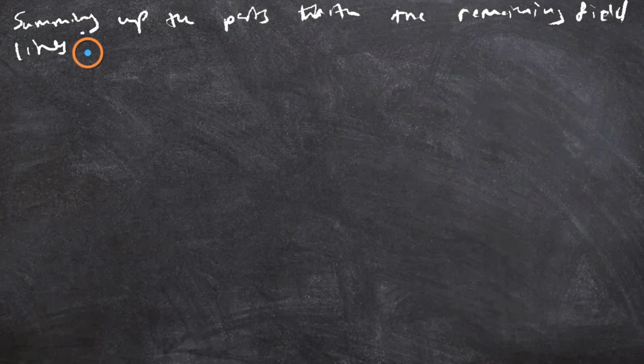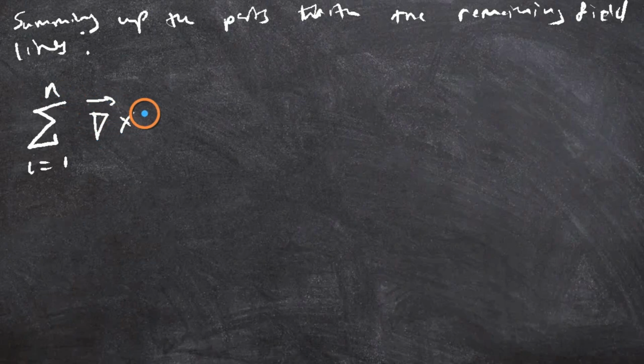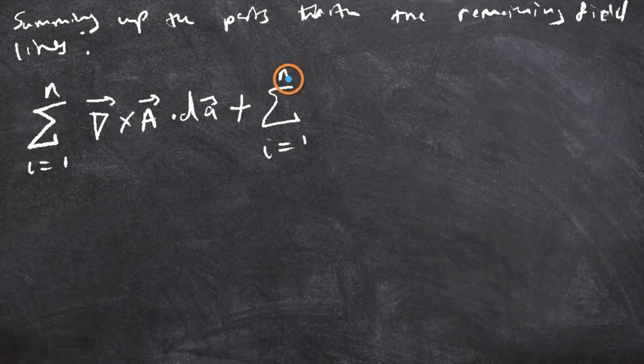All right, so the equation is the summation over the ith surface from 1 to n of the nabla cross A_i dot dA_i, plus the summation from i going to n of some epsilon_i delta S_i.